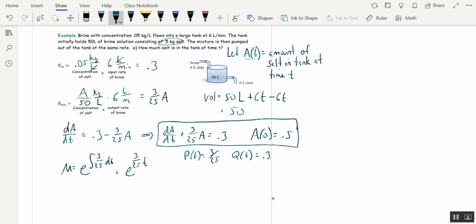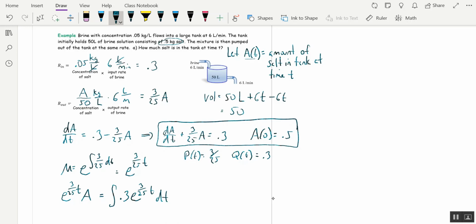So then we jump to the magical step. Mu times A, so e to the 3/25 t times A, my variable's A, not y, is the integral of mu Q. Q is 0.3, and mu is e to the 3/25 t dt.